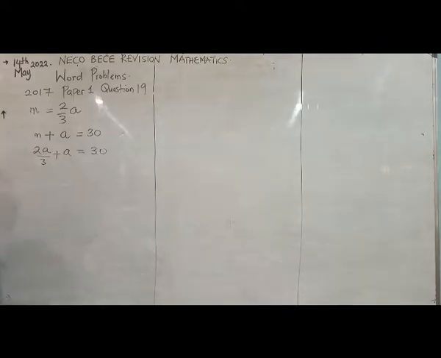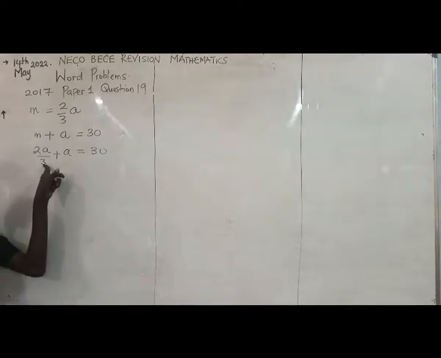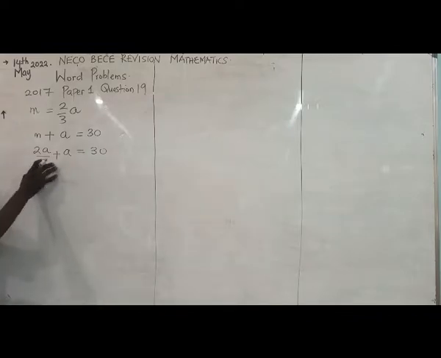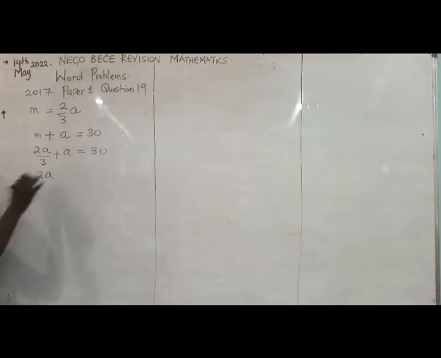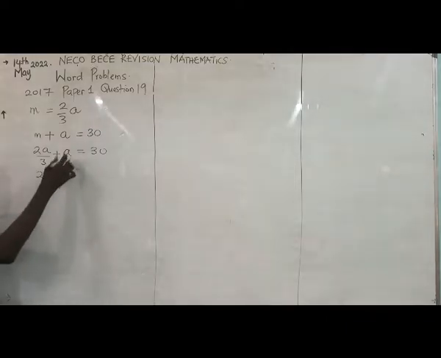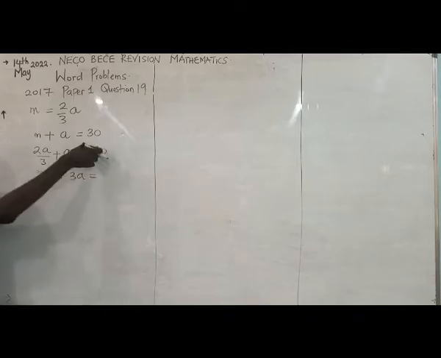Now, the next thing you need to do, if you watch carefully, you have a fraction here. So what do you do? To take out this fraction, you multiply through by the LCD, and that will be multiplying through by 3. If you multiply this by 3, the fraction is cleared and I have 2A. I multiply this by 3, I get 3A. I multiply this by 3, I get 90.